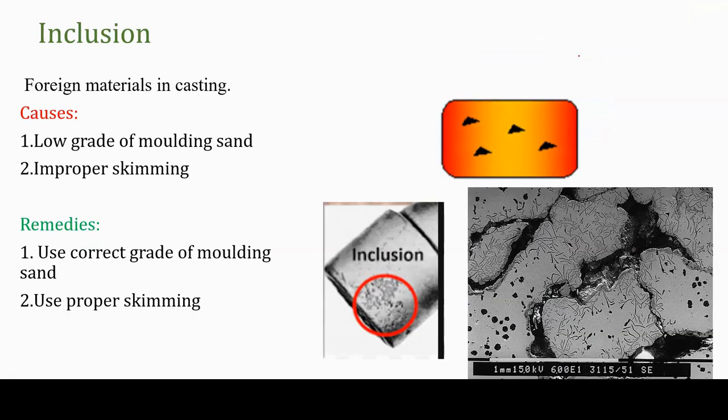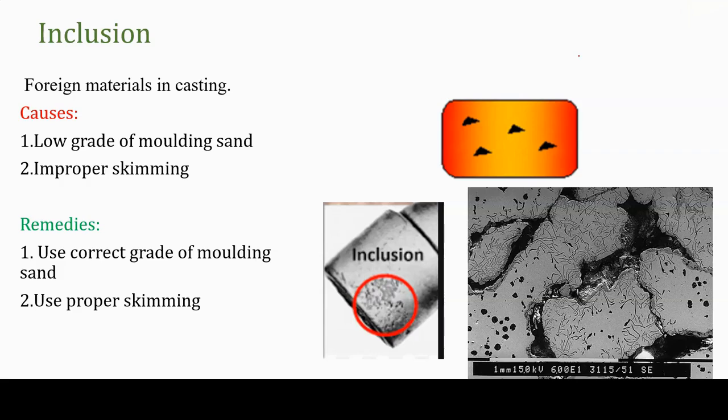And the next one is inclusion. As the name implies, some foreign particles or other slags will be incorporated in the final casting. This is caused due to low grade molding sand and improper skimming. Skimming is nothing but, after turning the mold material into a liquid state, some slags or impurities will float over the surface.